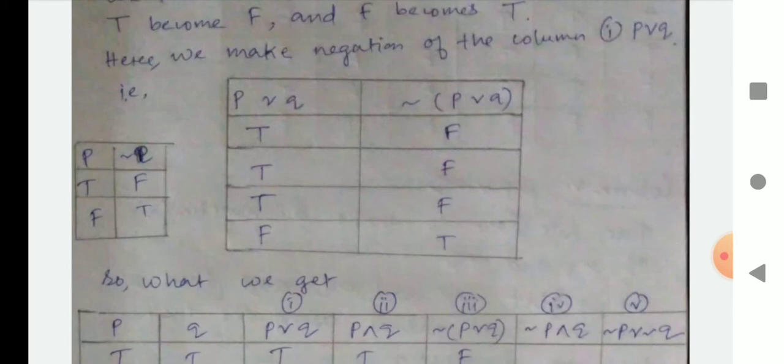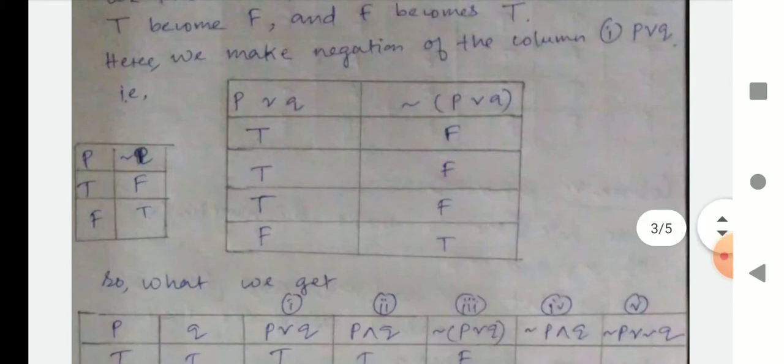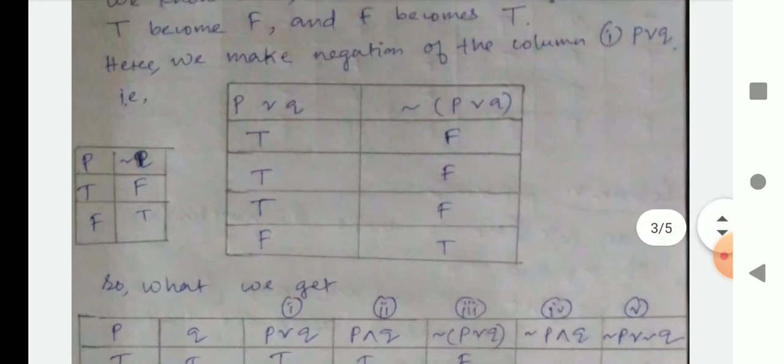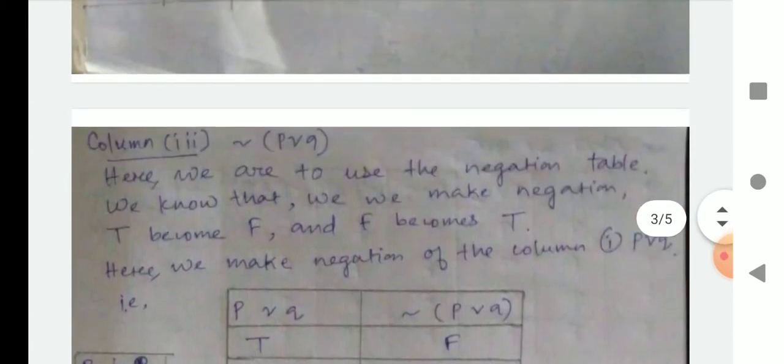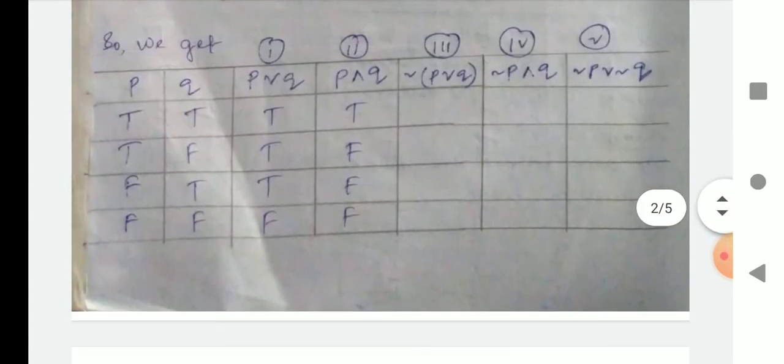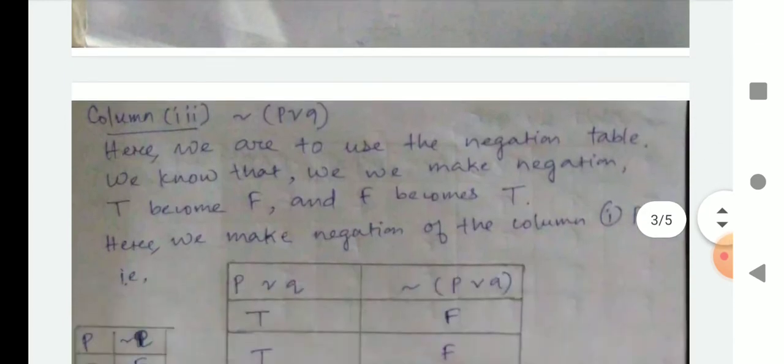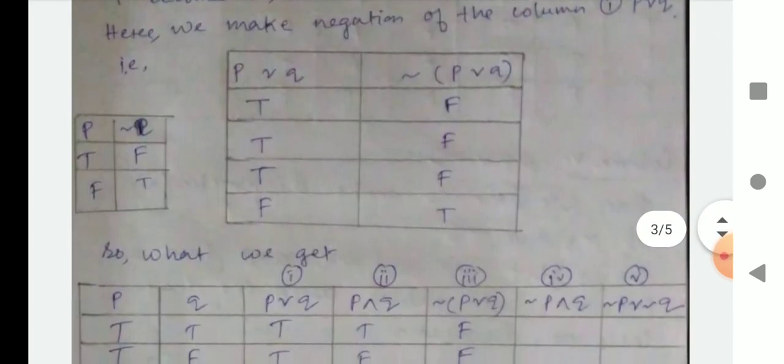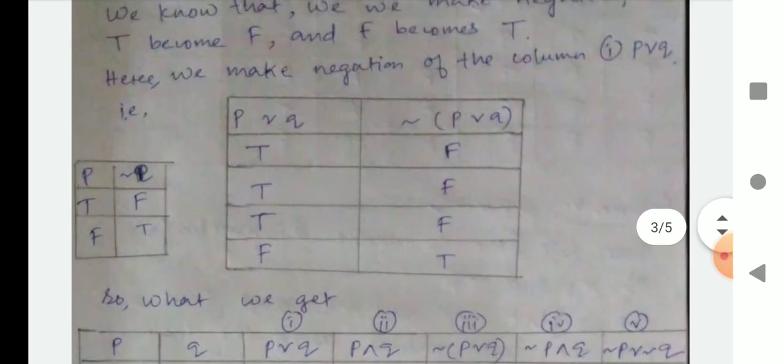When P is false, then negation P is true.